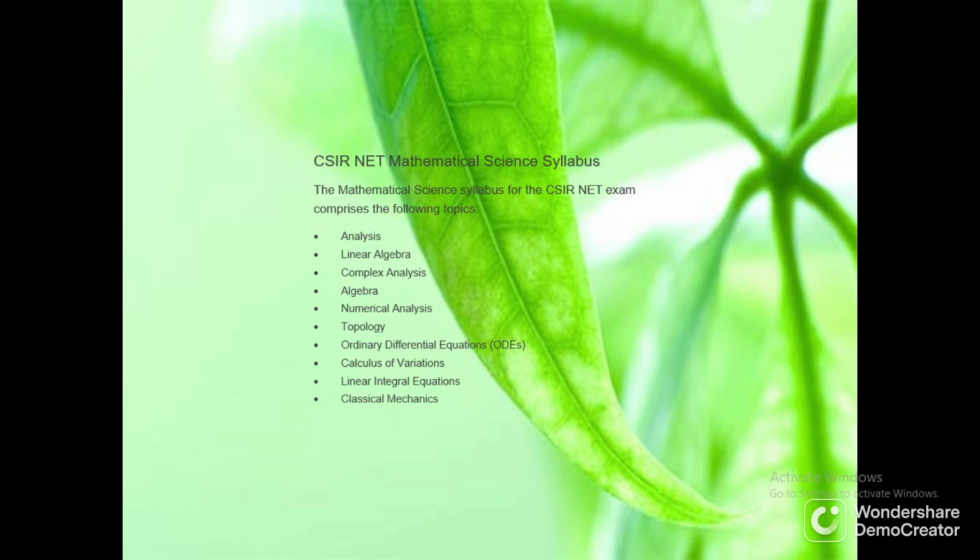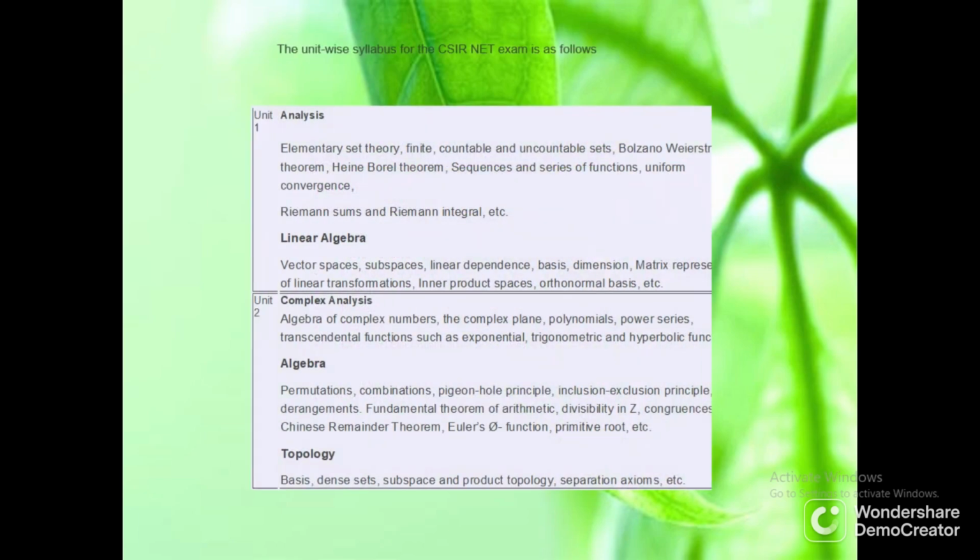I mention this in these lectures, so it will help all the students who are going to sit for the exam. The sections are: real analysis and complex analysis, linear algebra, algebra, numerical analysis, topology, ordinary differential equations, calculus of variations, integral equations, and classical mechanics.